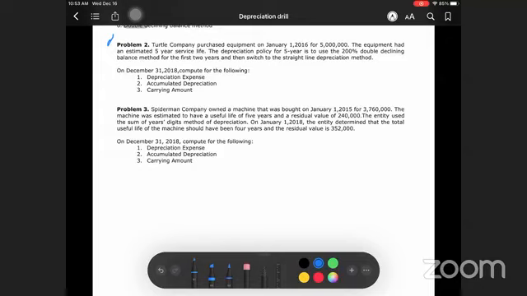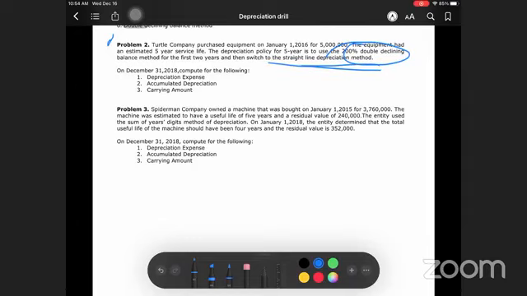From January 1, 2016, for the first 2 years, 2016 and 2017, which method was used? Double declining balance. Starting the third year onwards, the method used is straight line.